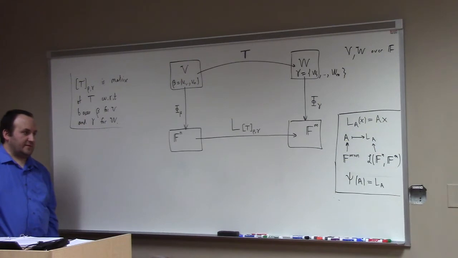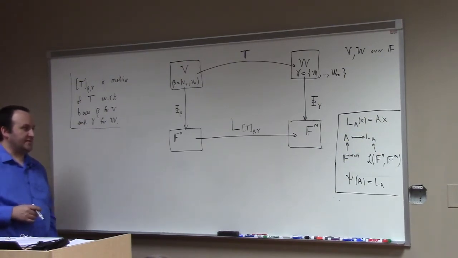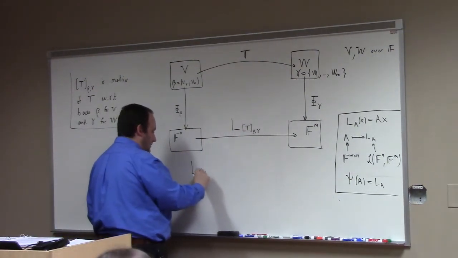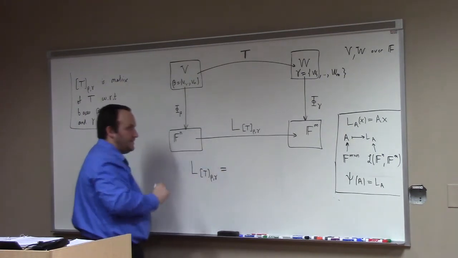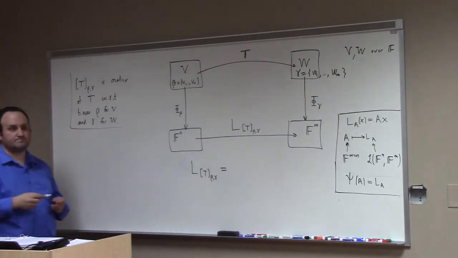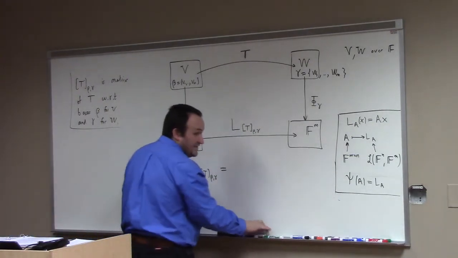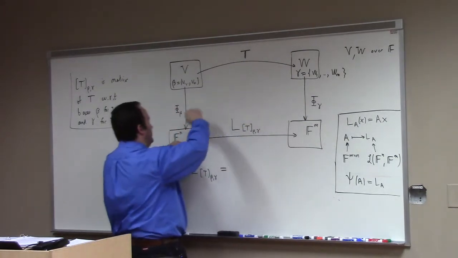Sorry, that's a little bit of a digression. So the question then is this mapping here, this L sub [T] beta gamma. How do we actually calculate that in terms of this picture? So let me suggest the following path. Instead of just going from here to here, we'll do this.